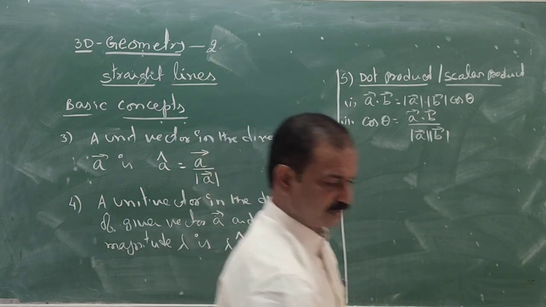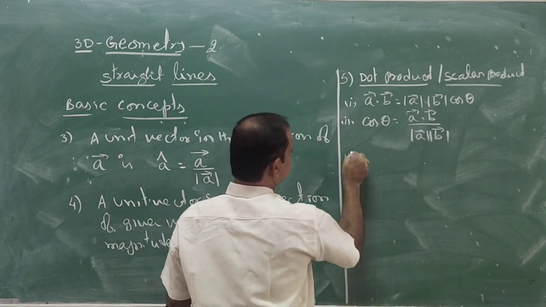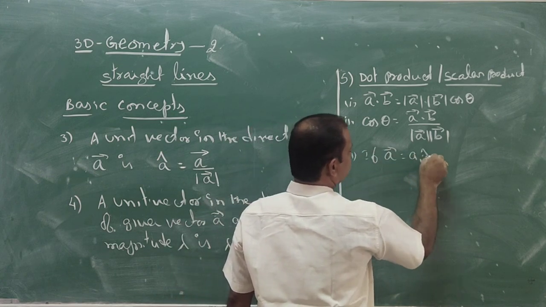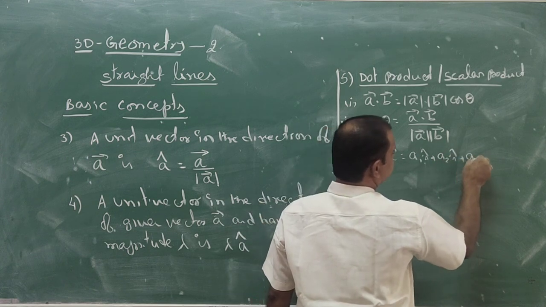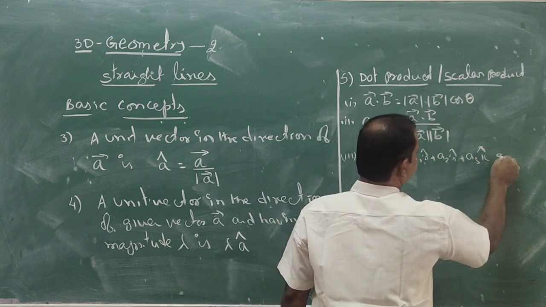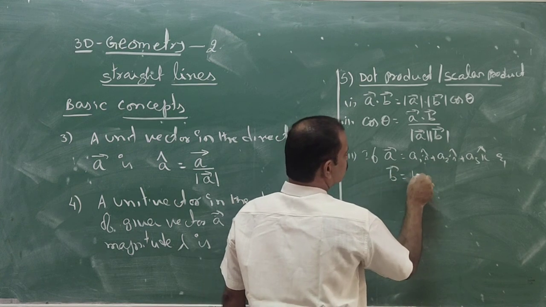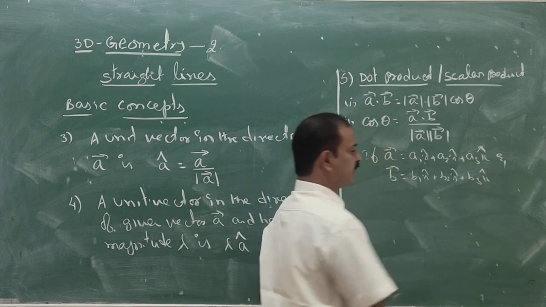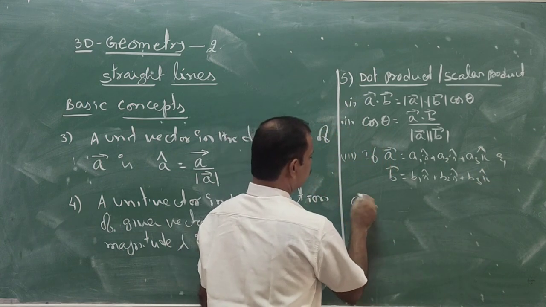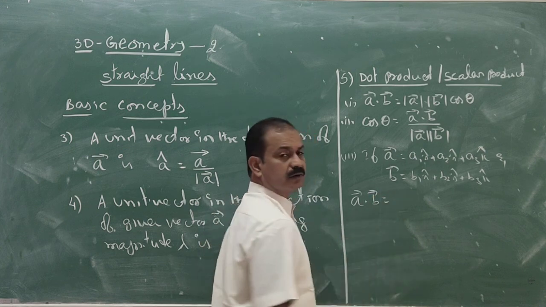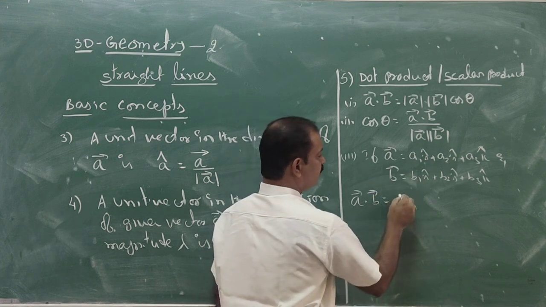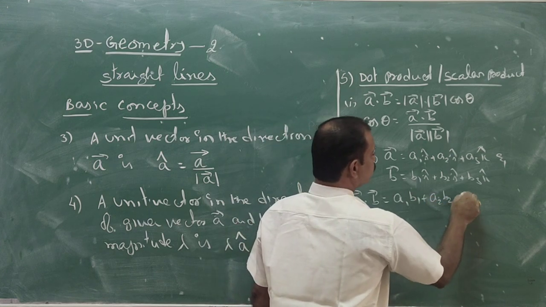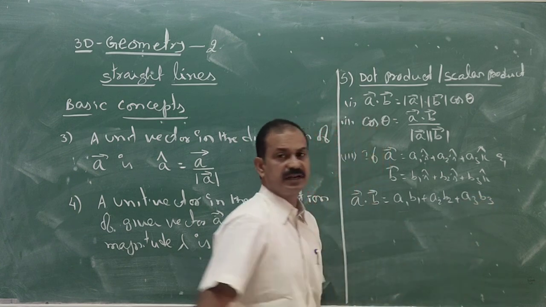Next, the third one is, if A is equals to A1i plus A2j plus A3k and B is equals to B1i plus B2j plus B3k, then how do you write A dot B? A dot B is equals to A1B1 plus A2B2 plus A3B3.